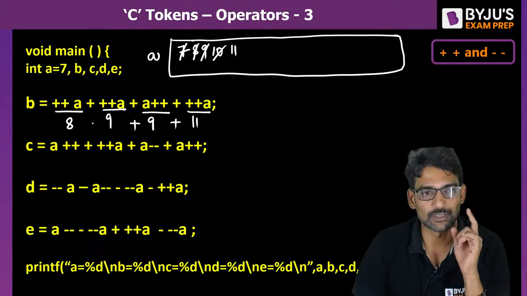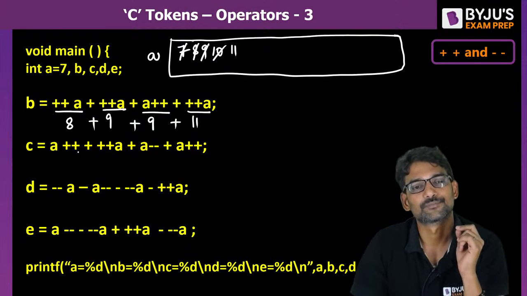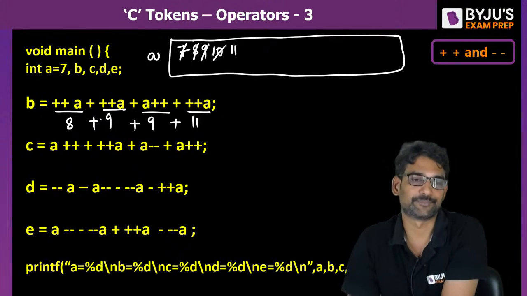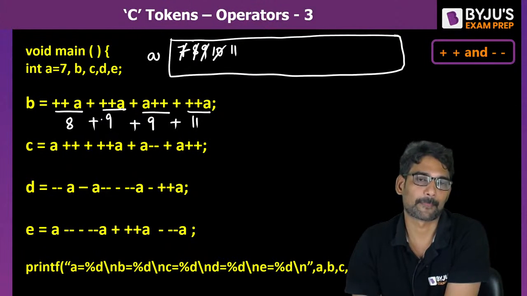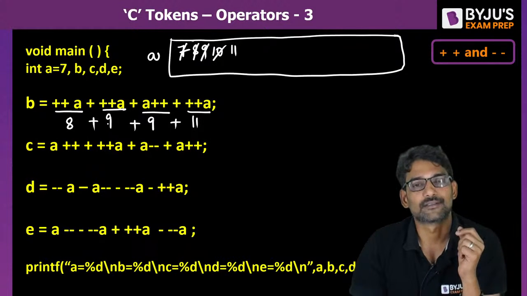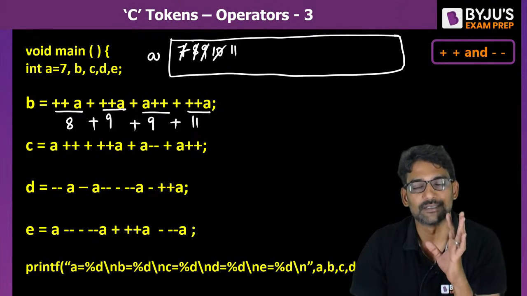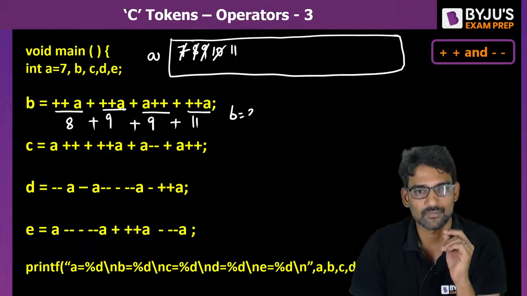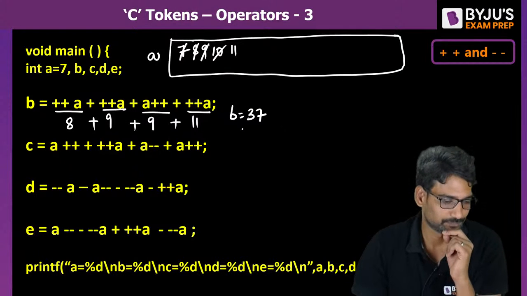So this is the value we got. 8 plus 9, 17 plus 9, 26 plus 11, 37. We got 37.